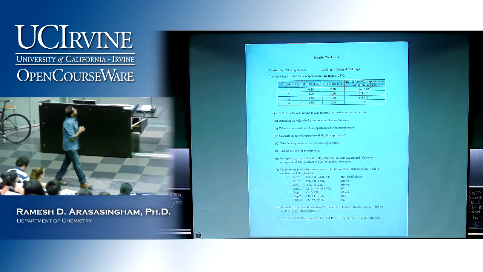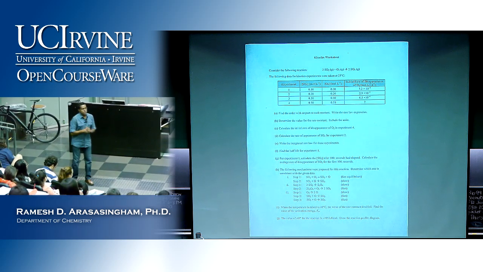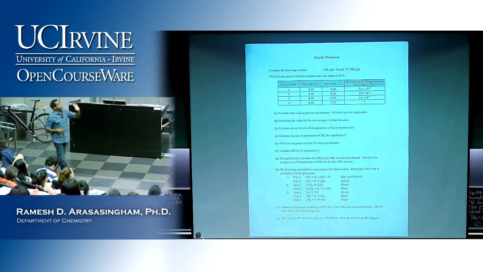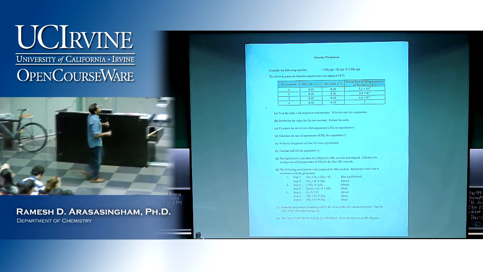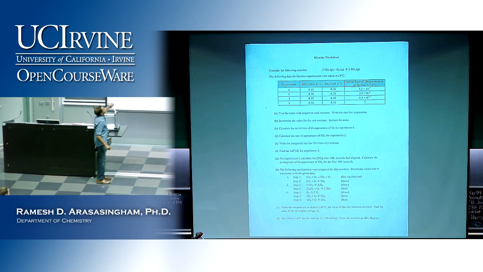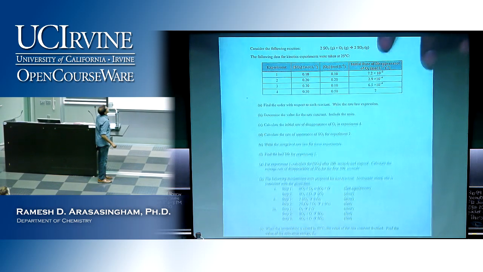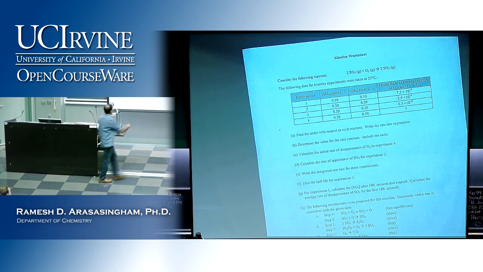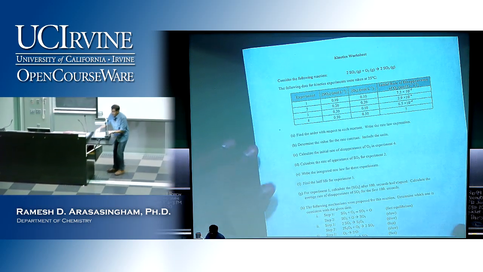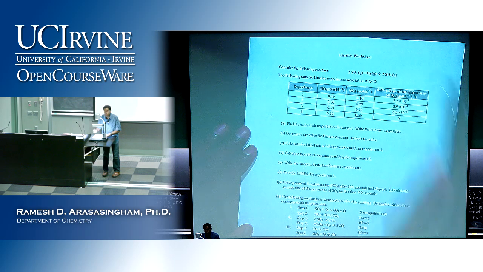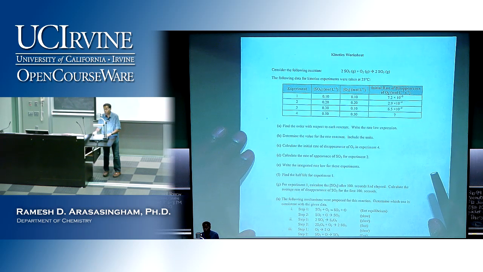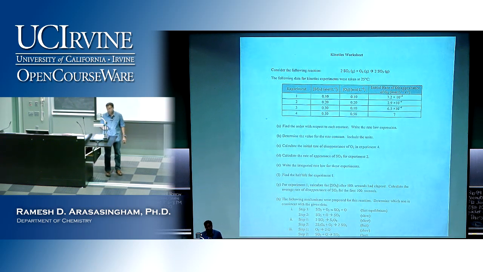To begin with, consider the overall reaction given at the top: 2SO2 plus O2 giving 2SO3. That's the overall reaction you're looking at.